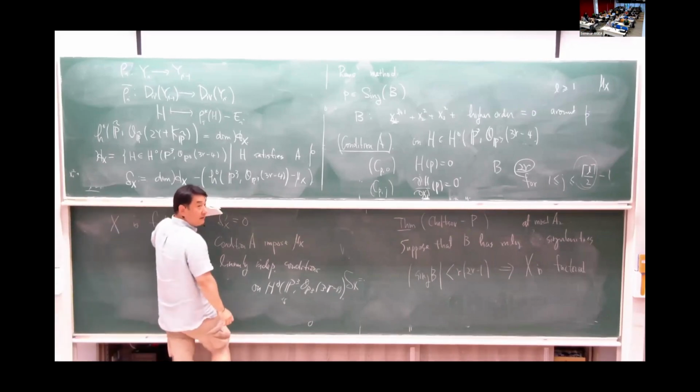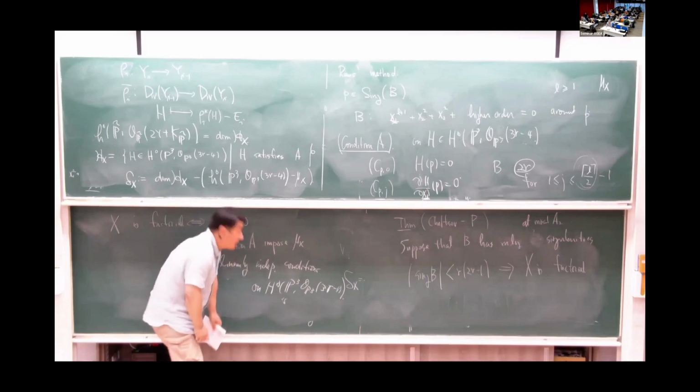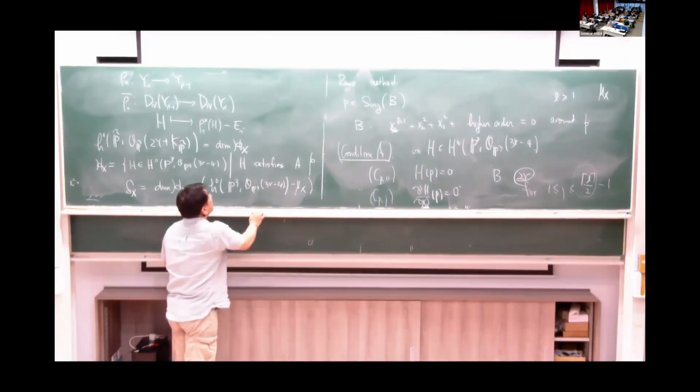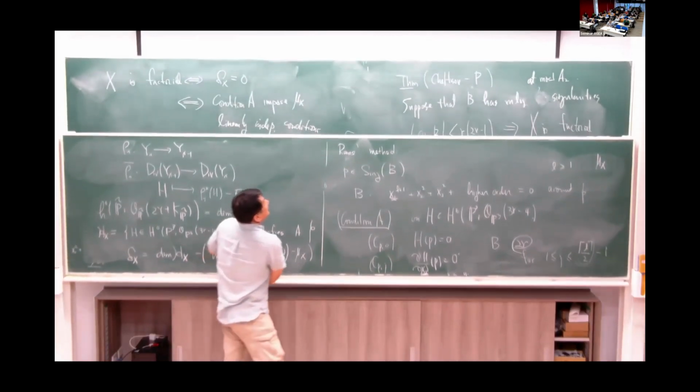Okay. All right. So let me explain where this number comes from, this r times 2r minus 1.